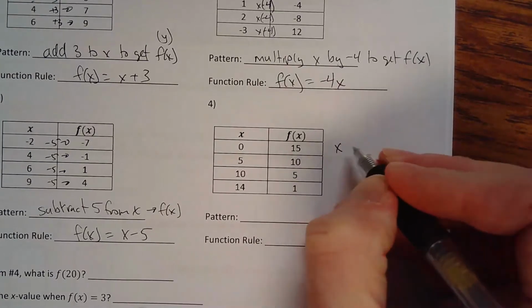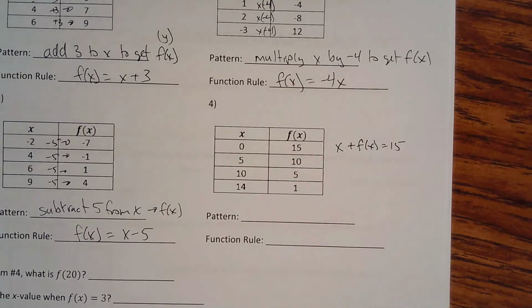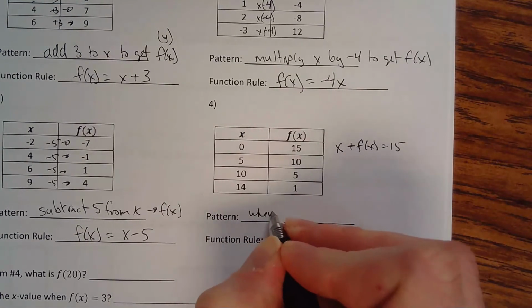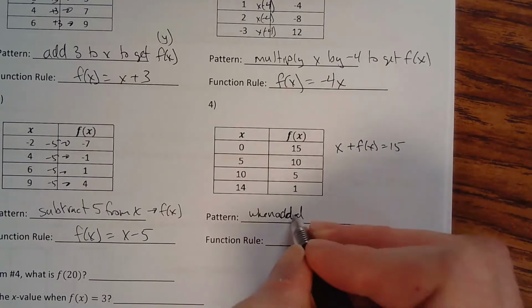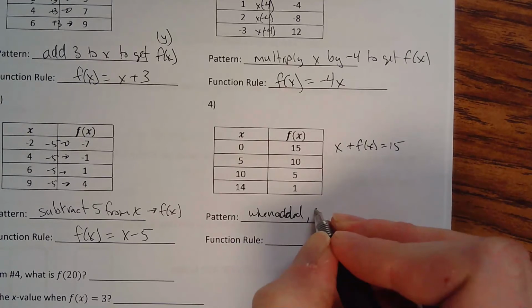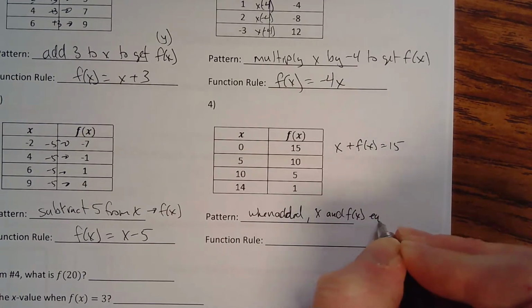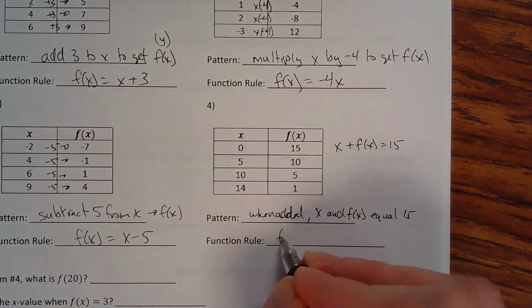So all of these, x plus f of x equals 15. So kind of the pattern here is that when added, x and f of x equal 15.